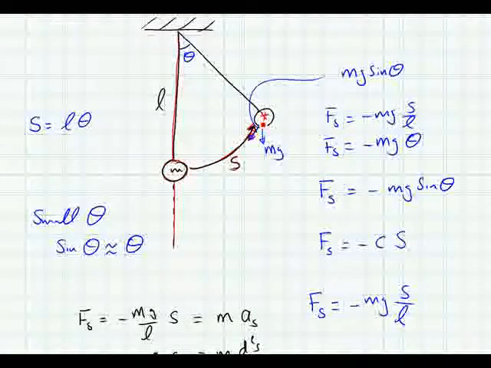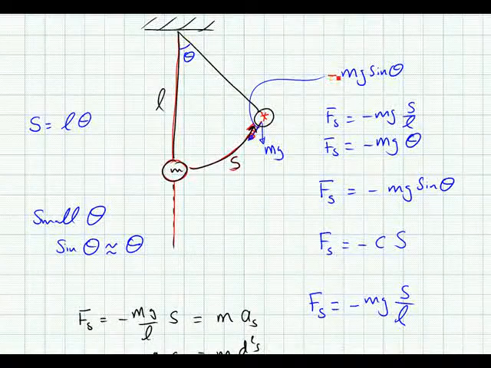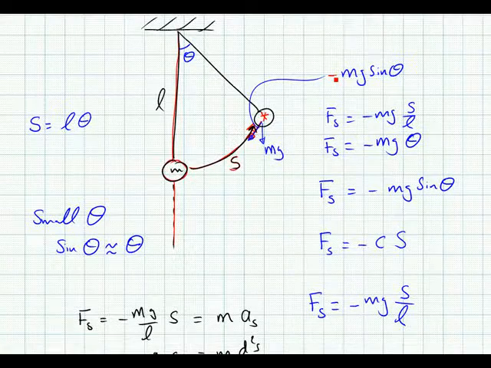But because mg sin theta is pointing towards the equilibrium position, then we know it's a negative mg sin theta.